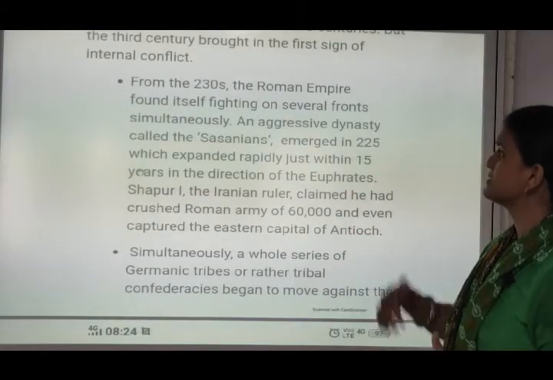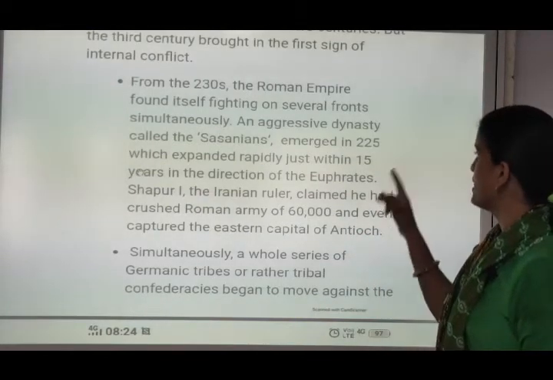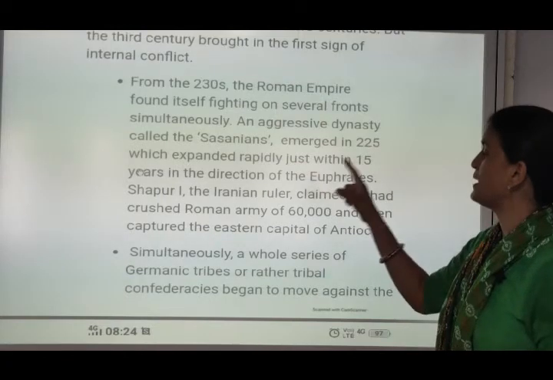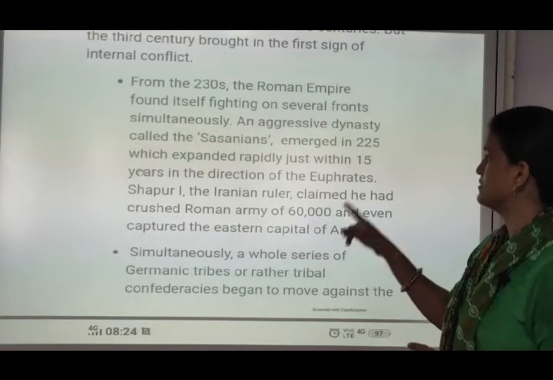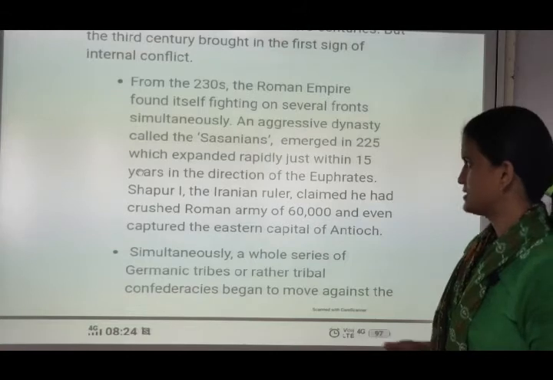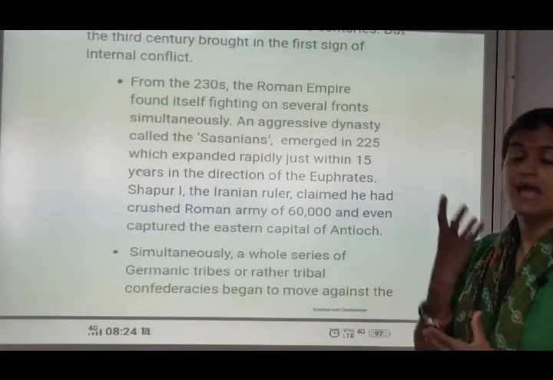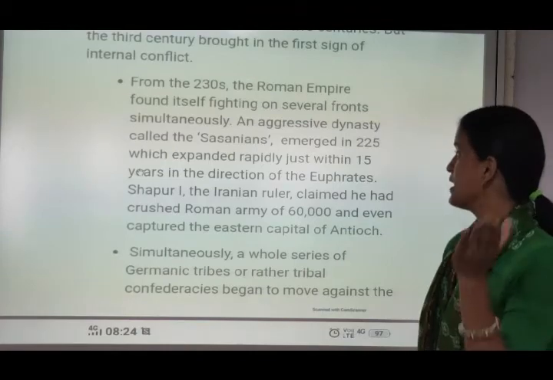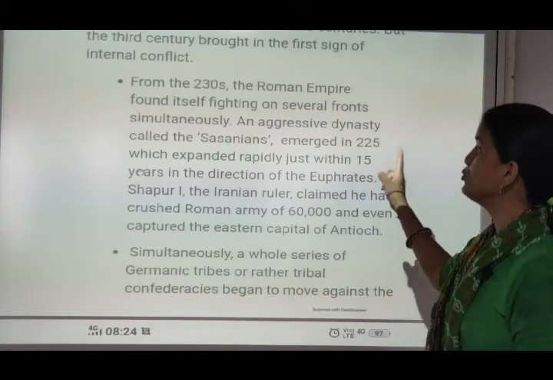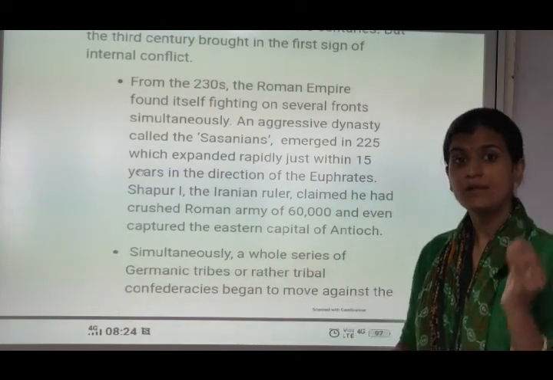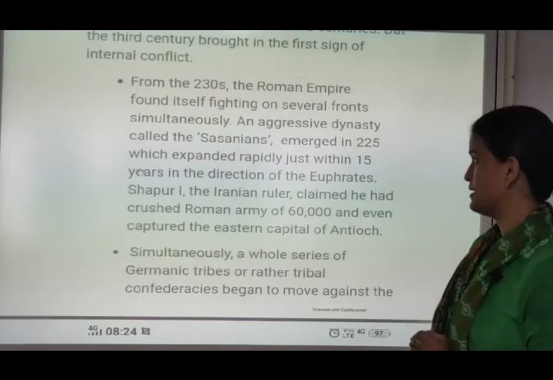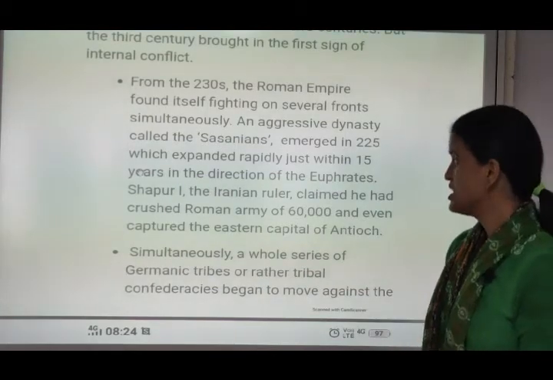An aggressive dynasty called the Sasanians emerged in 225, which expanded rapidly within just 15 years in the direction of the Euphrates.